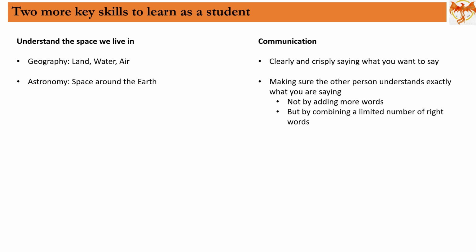Another very, very important skill which is necessary irrespective of what the time is, it's been a skill needed from time immemorial, is the ability to communicate clearly. So clear and crisp communication, very clearly articulating what you want to say.